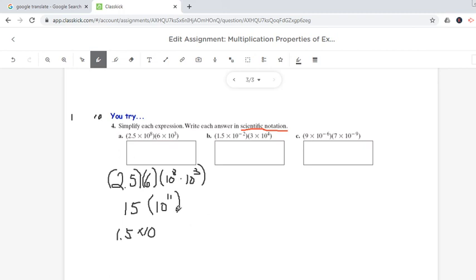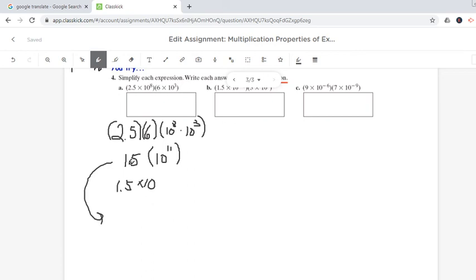We'll write this out. This is 15 times 10 to the 11th. So it's 15, and then 11 zeros. So 1, 2, 3, 4, 5, 6, 7, 8, 9, 10, 11. Okay, a lot of zeros.